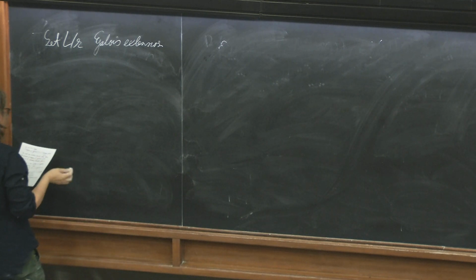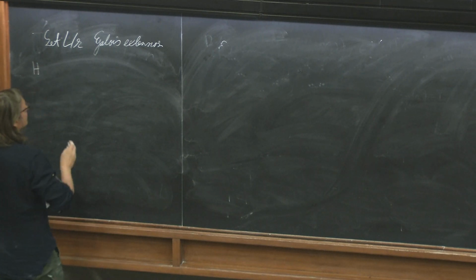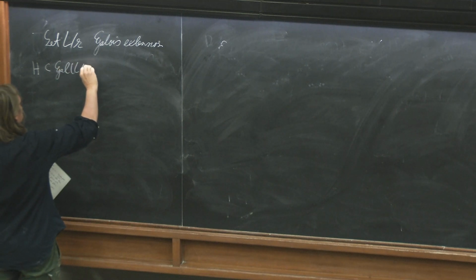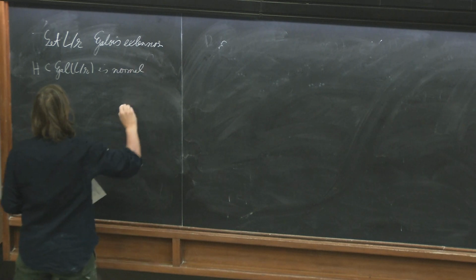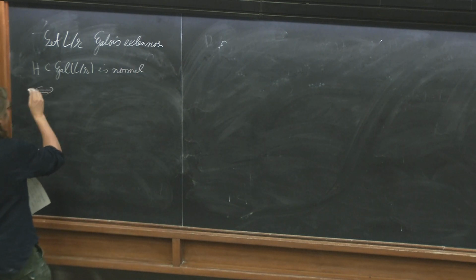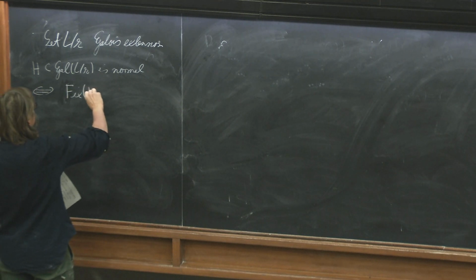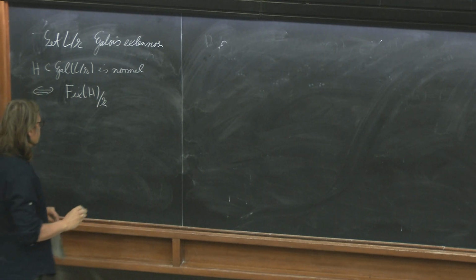Then we have that H, a subset of the Galois group of L over K, is normal as a subgroup if and only if the fixed field of H over K is a normal extension.